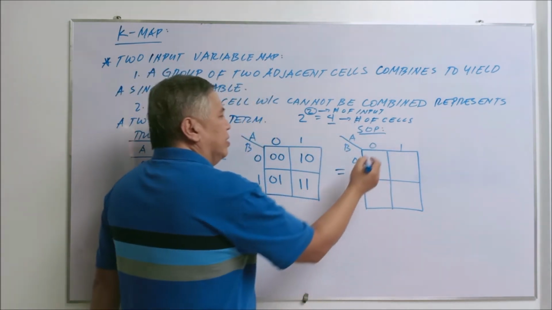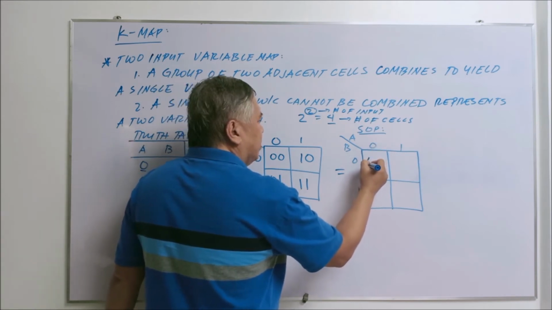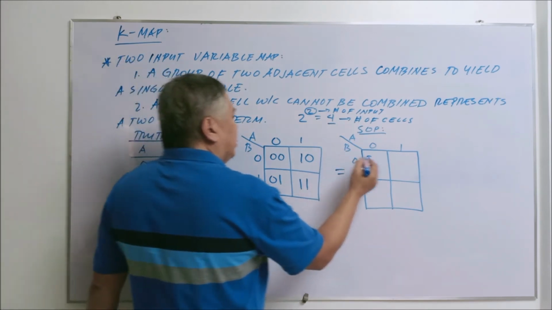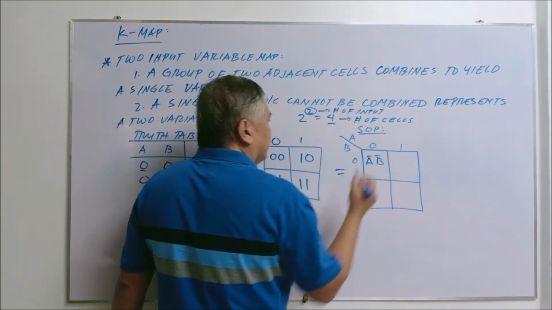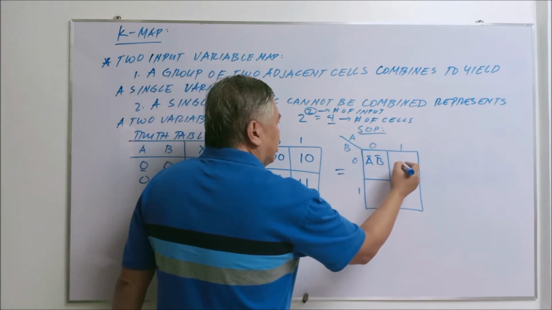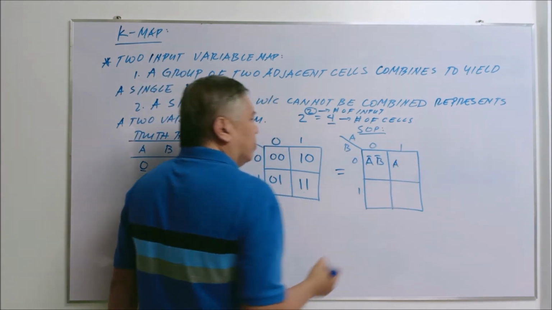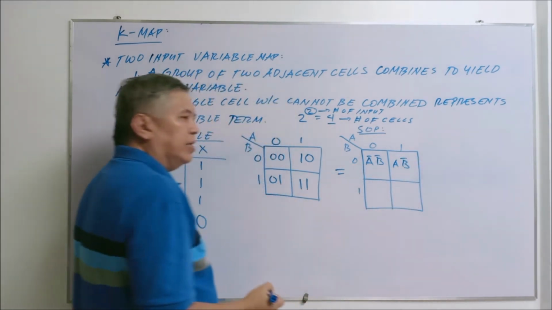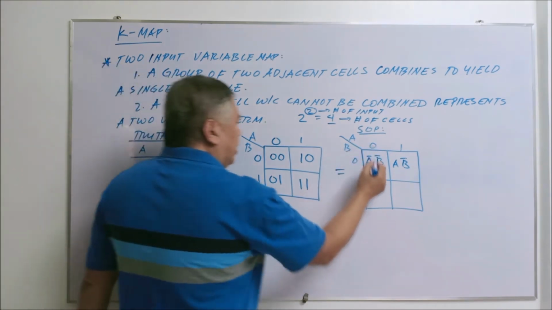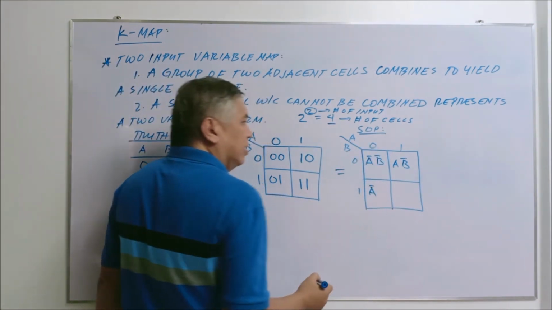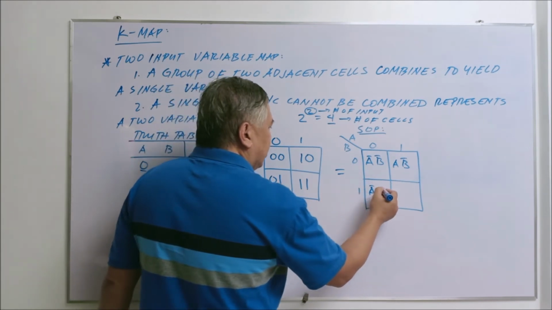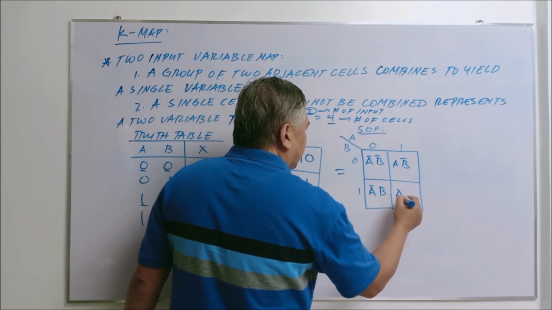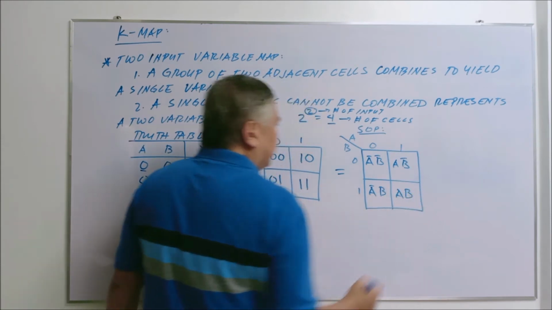If A is equal to 0, the variable is complemented, and B is 0, so you have B complement. Here, since A is 1, you have A not complemented, and B is 0, so B is complemented. Then here A is 0, A bar, and B is 1, so you have B. And the last one, A is 1 and B is 1, so you have A B.